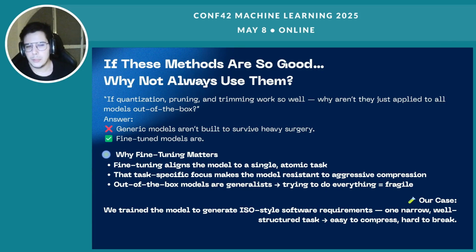Fine-tuning aligns the model to a single atomic task. Therefore, task-specific focus makes the model resistant to aggressive compression, while out-of-the-box models are kind of generalist, not good at anything in particular, like a jack of all trades. They try to do everything, and they will be really fragile towards applying any of these methods.